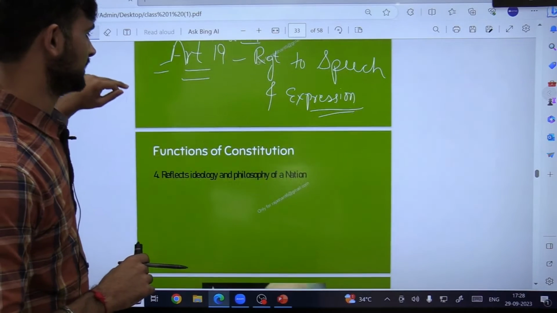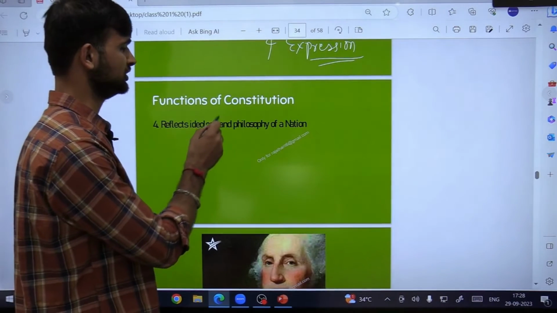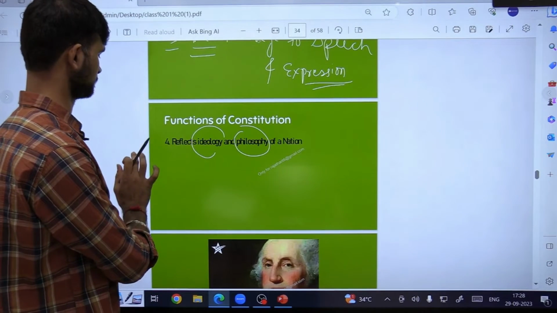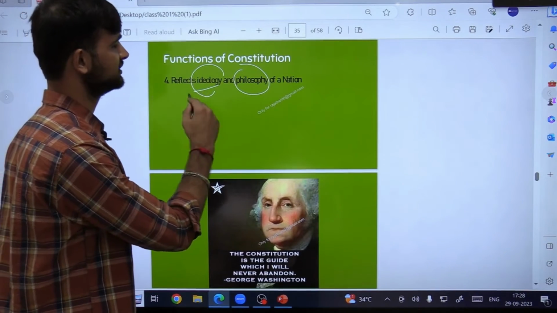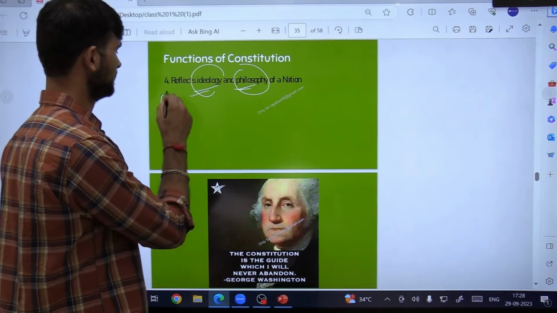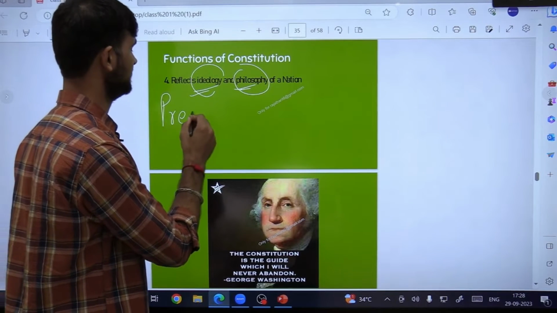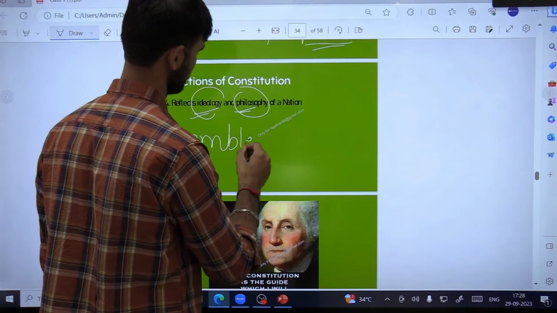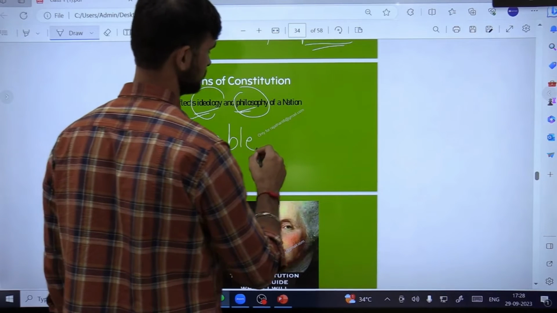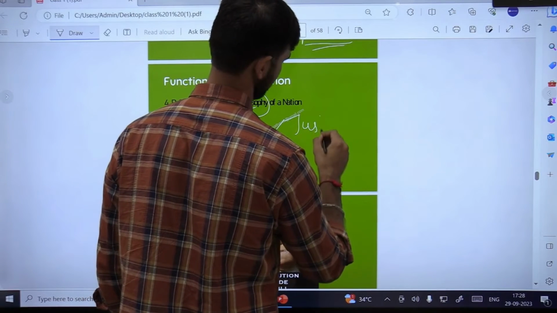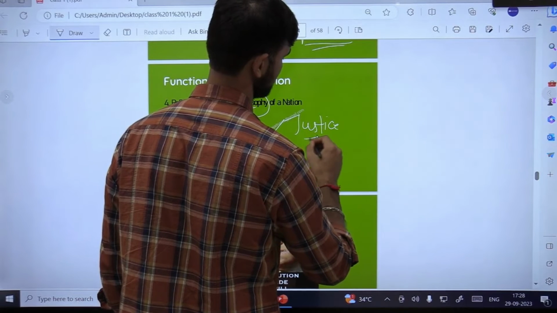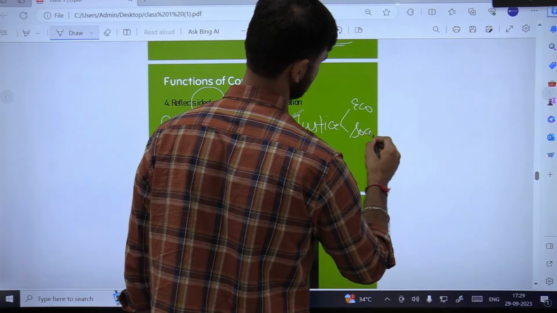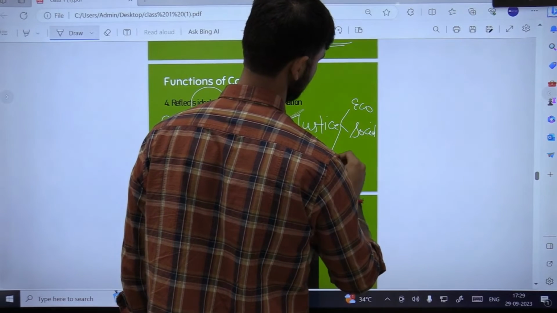Okay. Now, fourth function is it reflects the ideology and philosophy of a nation. How? These ideologies and philosophies of a nation are detailed in the preamble. For example, the preamble talks about justice. Justice of three types: economic, social, political justice.